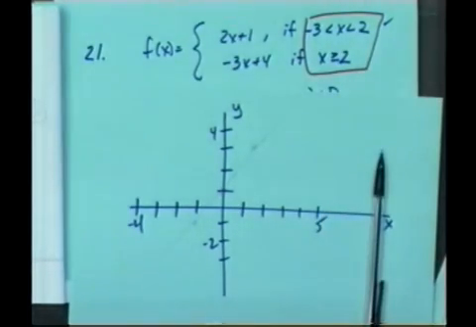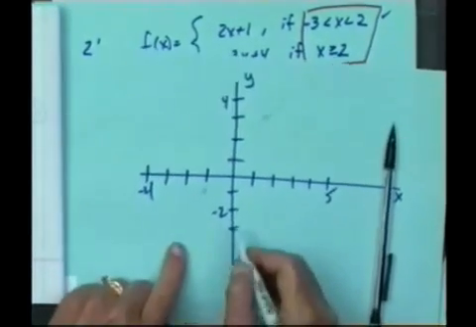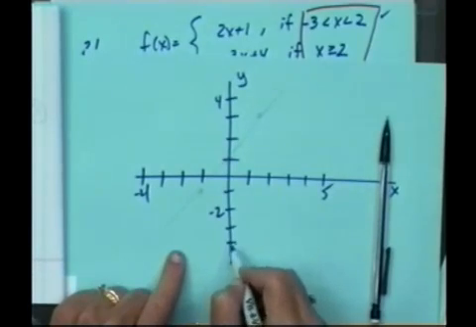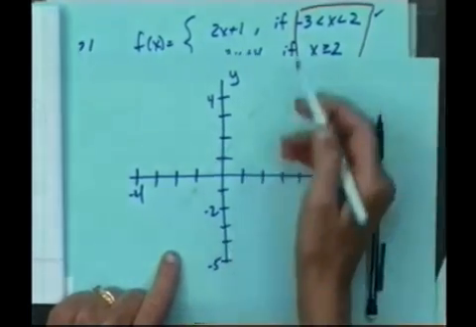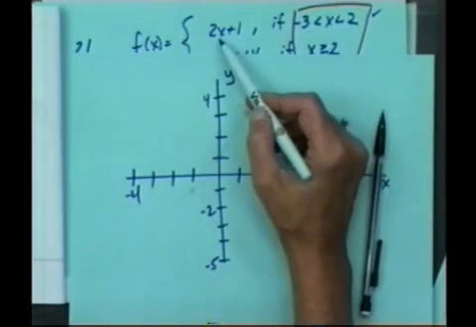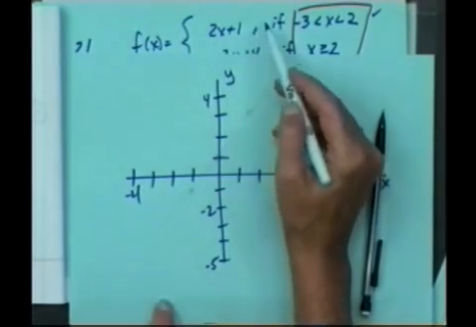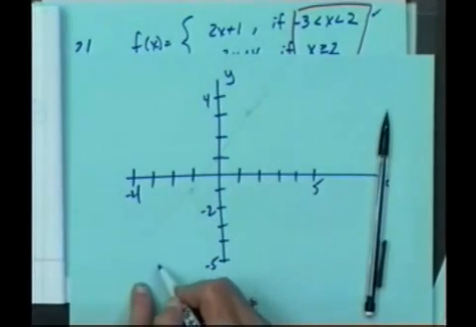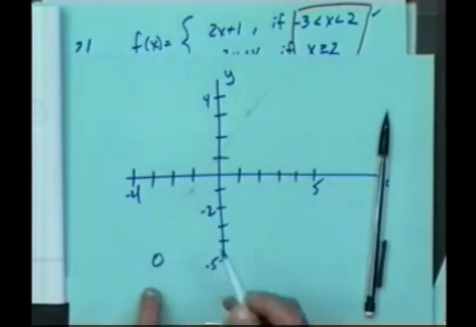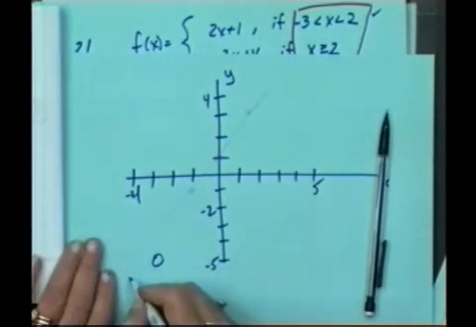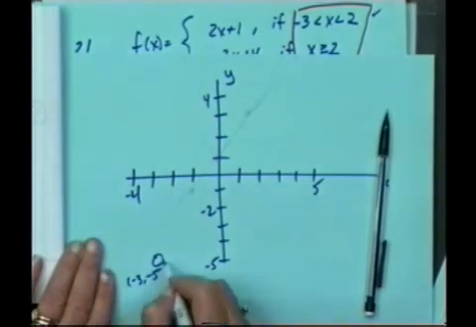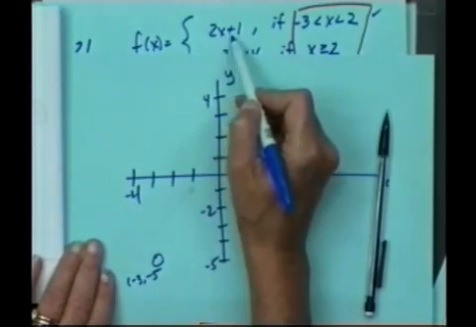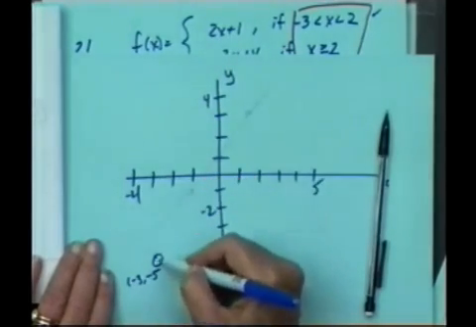If x could be equal to negative 3, the y value would be negative 5. So this is the point (negative 3, negative 5).